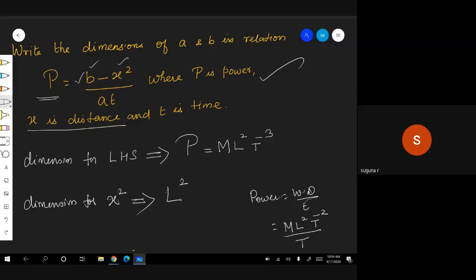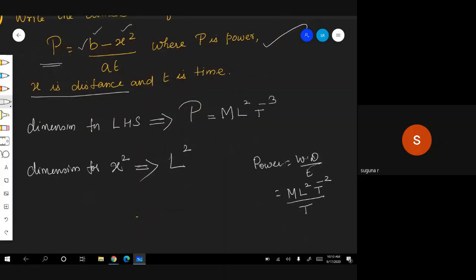So I told you that's why I can subtract mass from mass. I can subtract length from length. I cannot subtract time from length. Therefore, use that concept. What is the dimension for B? B is equal to L squared. That is it.